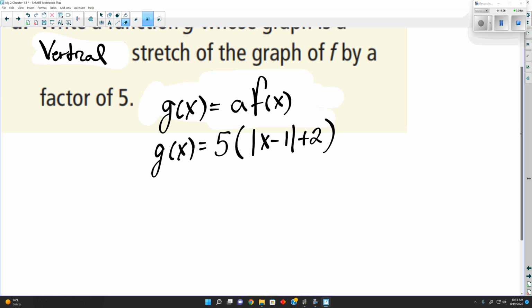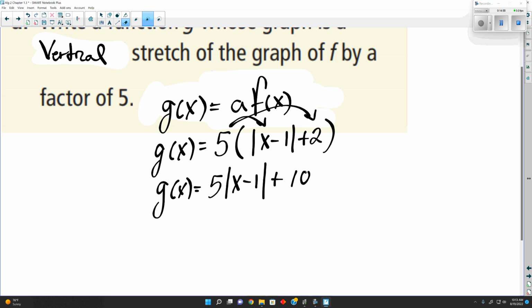And again, just like the last one, we're going to distribute that 5 through. So we can multiply the 5 by the absolute value and by the 2. And when we multiply by the absolute value, we're going to get 5 times the absolute value of x minus 1. And 5 times 2 is 10. And that's it.